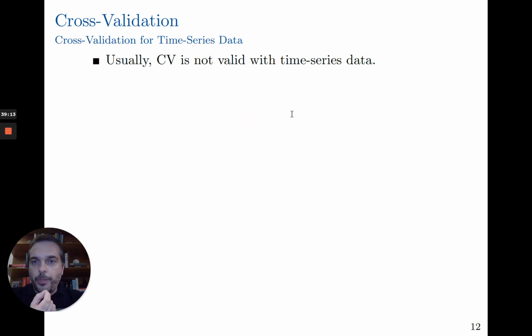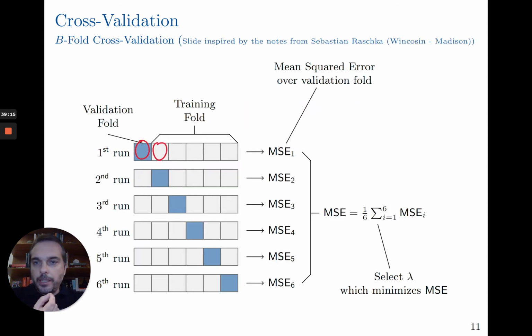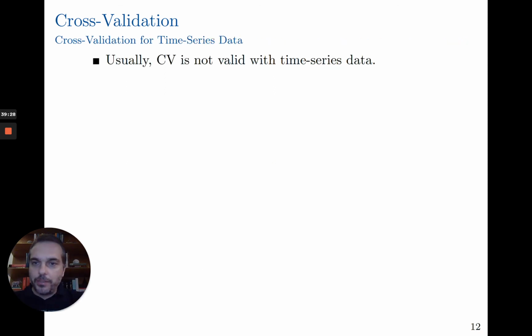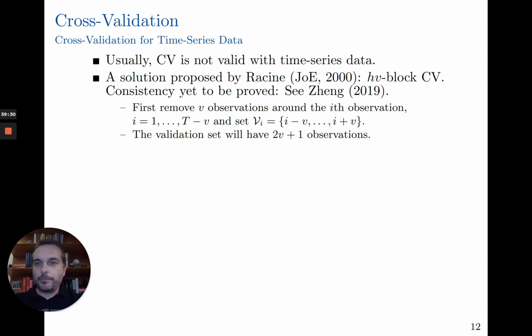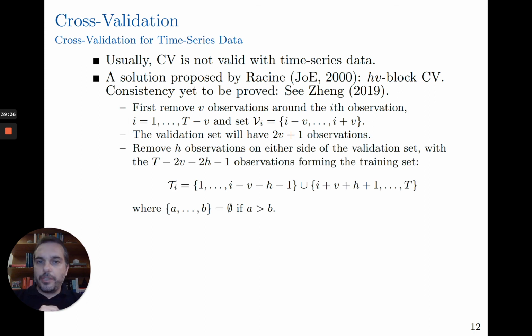So if we go back here, we want to create around the splits some kind of void, some kind of open space, a vacuum. So we are going to remove these observations. It's going to become clear here. The validation set will have 2V plus 1 observations.